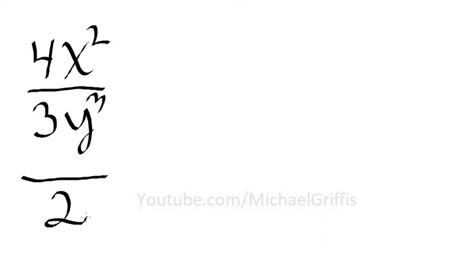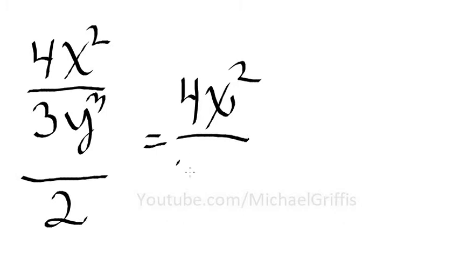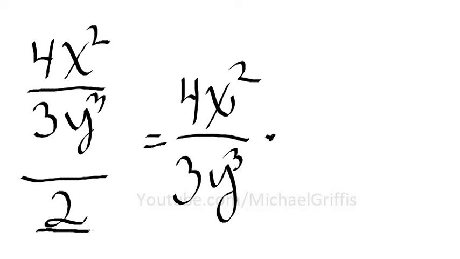Let's rewrite this as 4x squared over 3y cubed. Now, we have to pretend there's a 2 over 1 right here. So what do we do? We flip it.